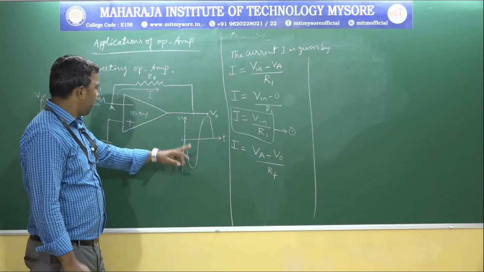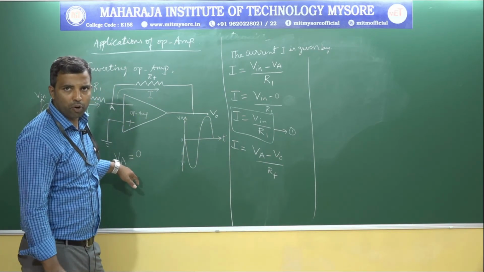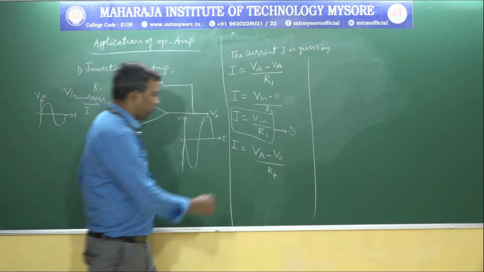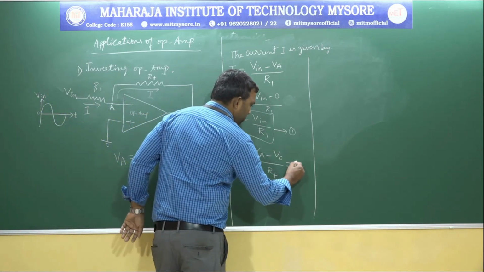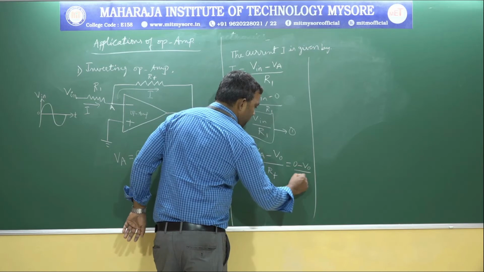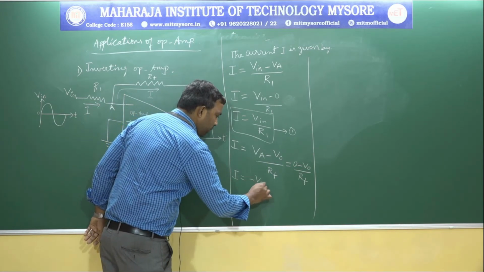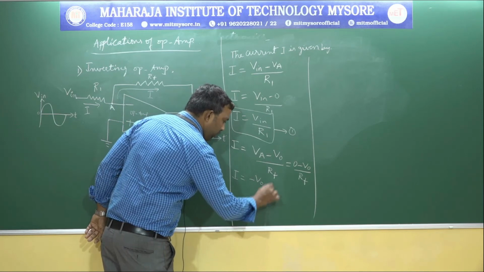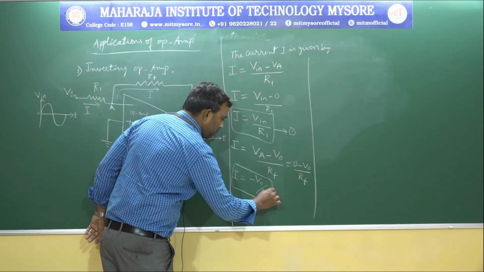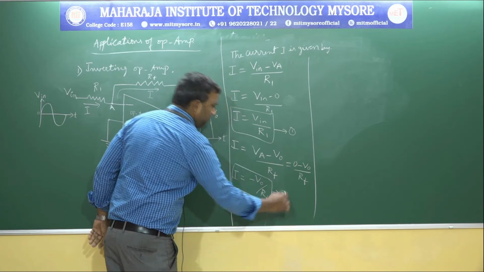Okay. What is the VA value? We know that by using the virtual ground property it is 0. So therefore, I can substitute 0 minus VO by RF. Therefore, I is equal to minus VO divided by RF. I call this expression number 2.